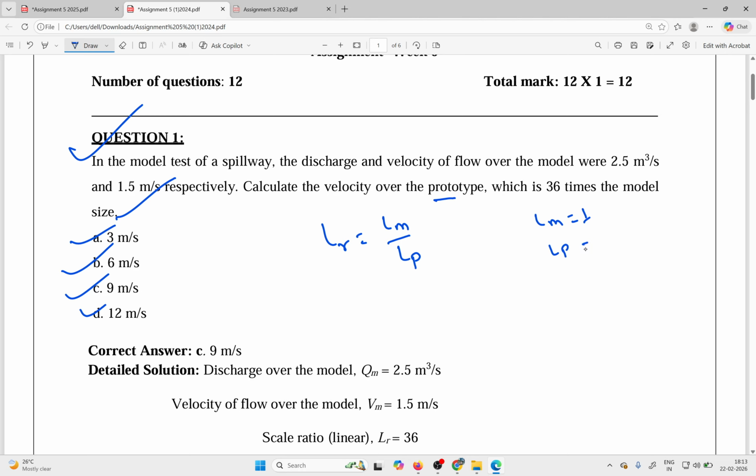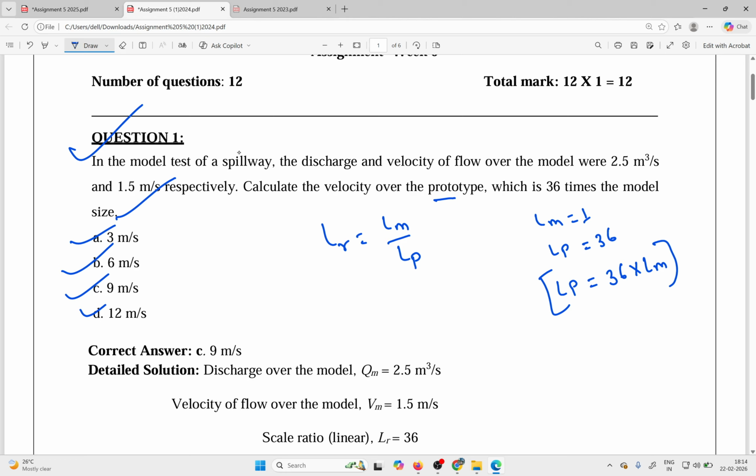So Lp is 36 times Lm. This is the correct definition: 36 times the model size. If the model size is 1, you will get Lp as 36.